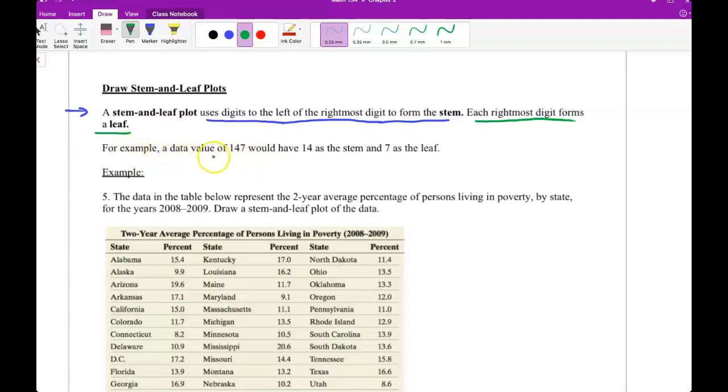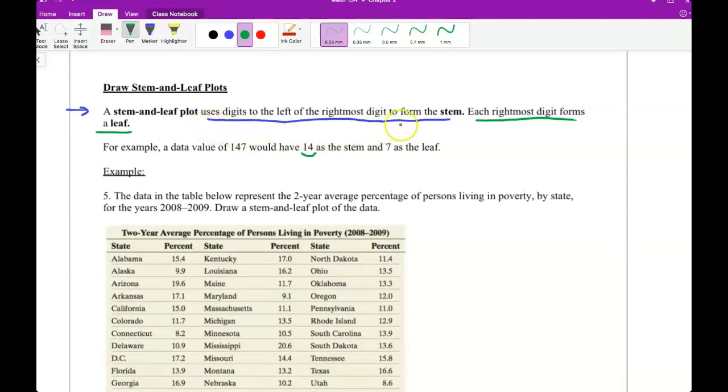For example, for the data value of 147, we have 14 as the stem and 7 as the leaf, because our stems are the digits to the left of the rightmost digit.